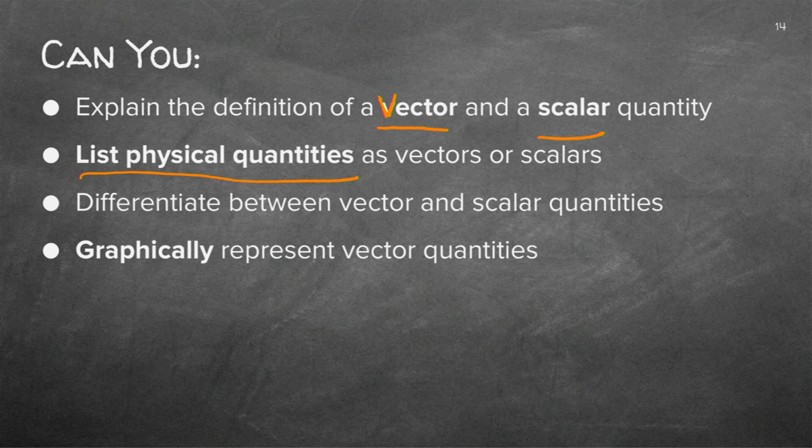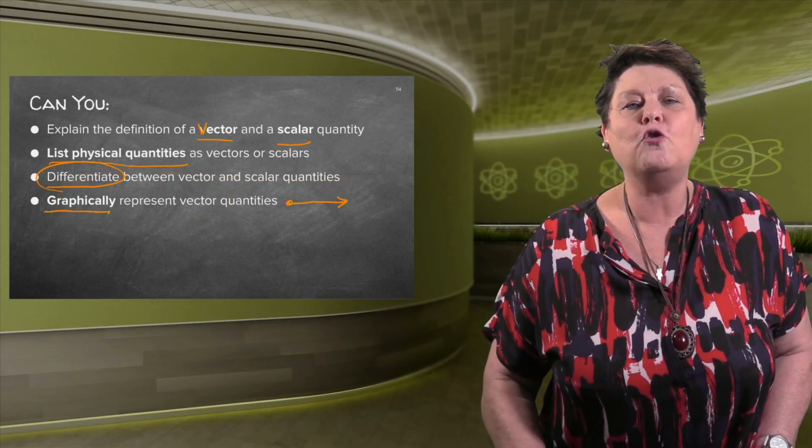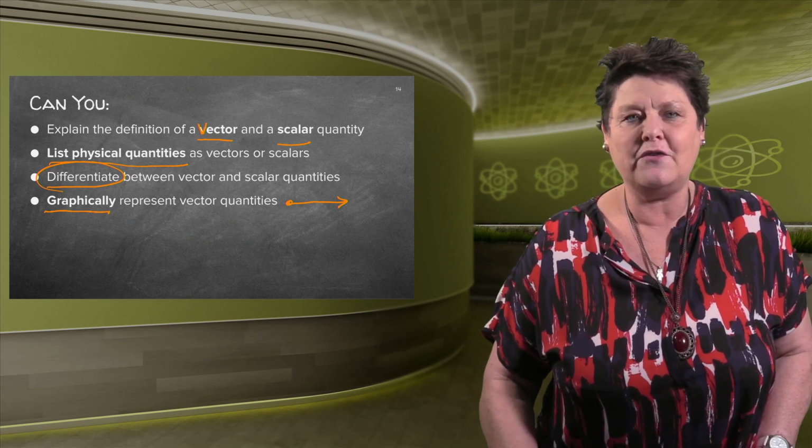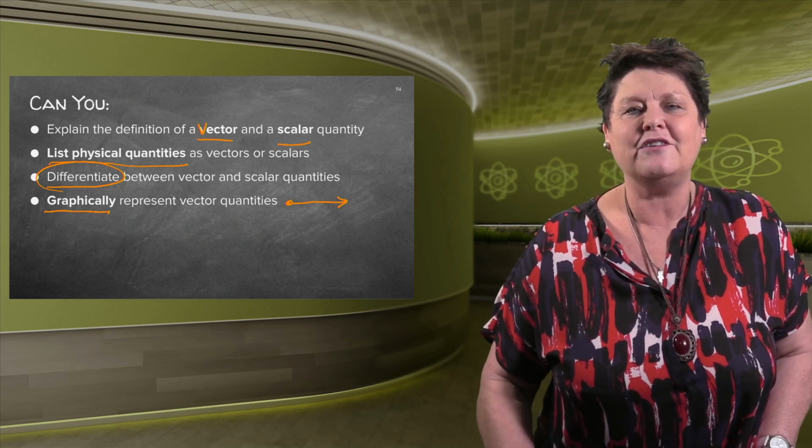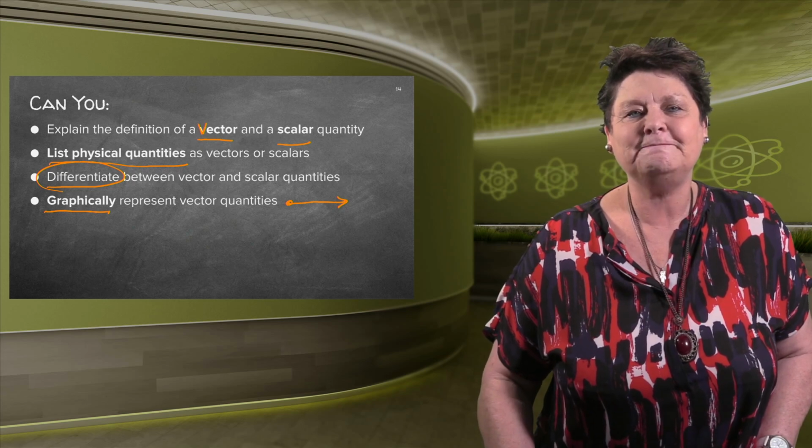And finally, you'll have to be able to differentiate between different quantities and represent them graphically. And how did we do that? We said we start here and we draw an arrow. Good luck. I hope all your vectors and scalars are very accurate and in the correct direction. Bye.